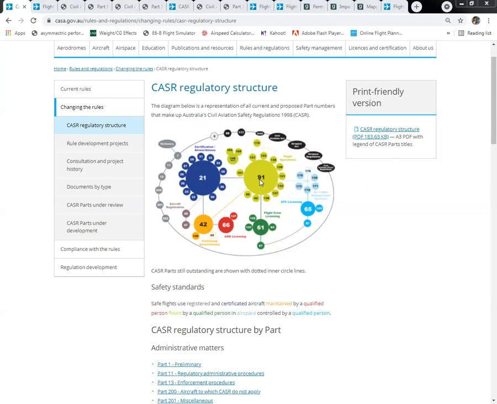However, in relation to CASR 91, which is general operating rules for everybody, there's branch offs for specific conduct of flight, like 121, which is large aircraft air transport operations, 135, which is smaller aircraft, aeroplane air transport operations, and 133, which is rotorcraft.